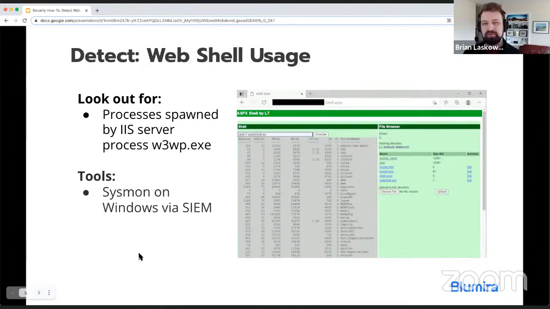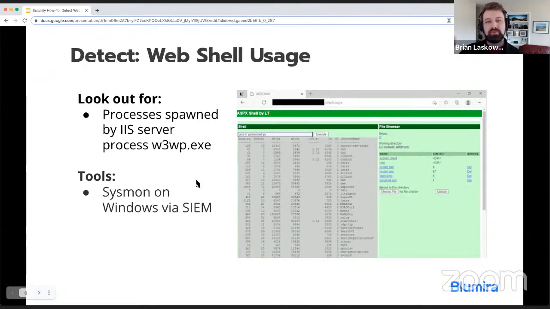In this case, this one's specific to how it operates on a Windows system. IIS, the web server that you generally run on a Windows system, runs with processes known as w3wp.exe, and you'll generally have a few of them running on a system. But in Windows, you generally should not see w3wp spawning other processes.